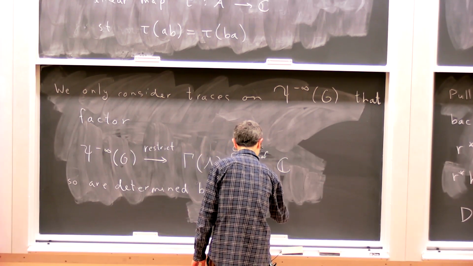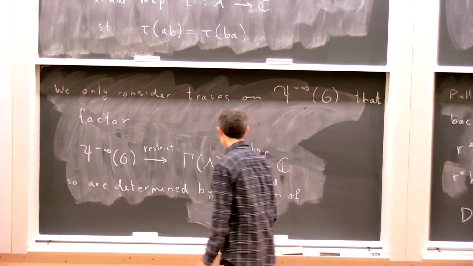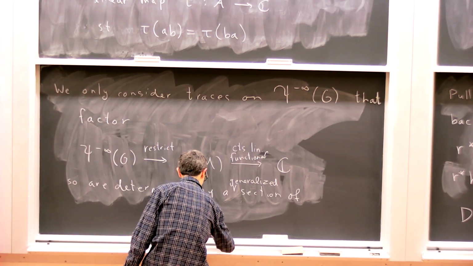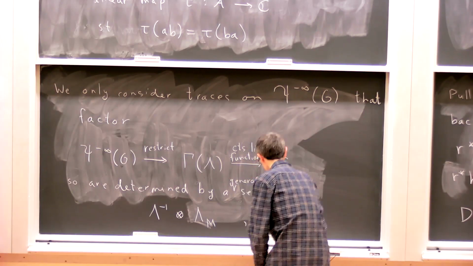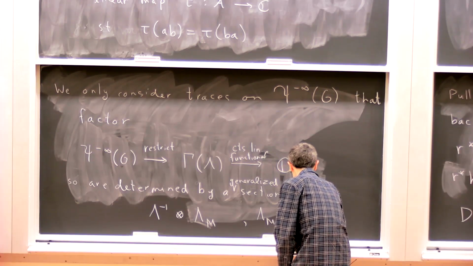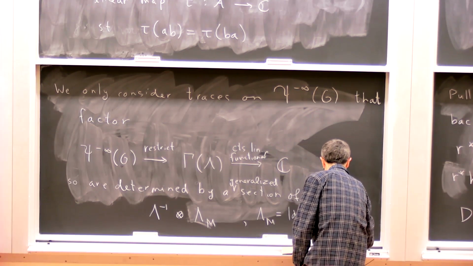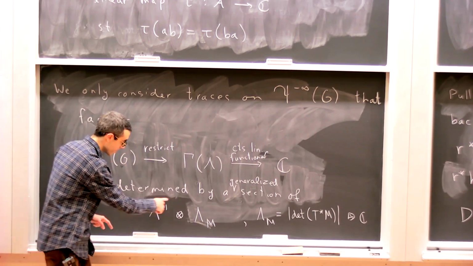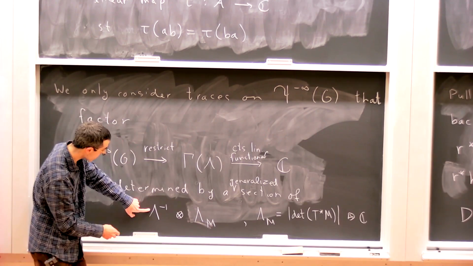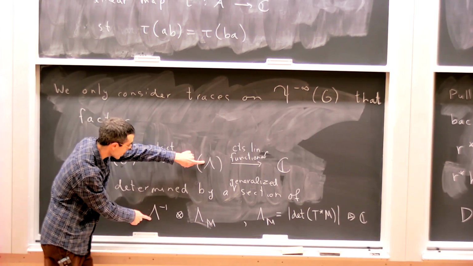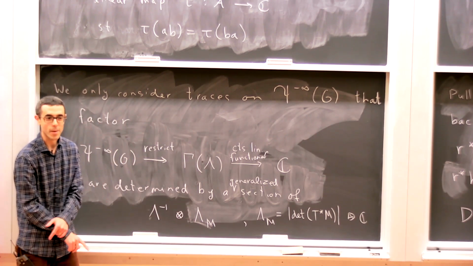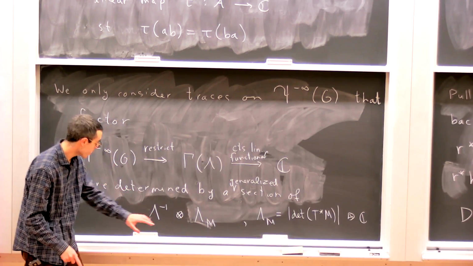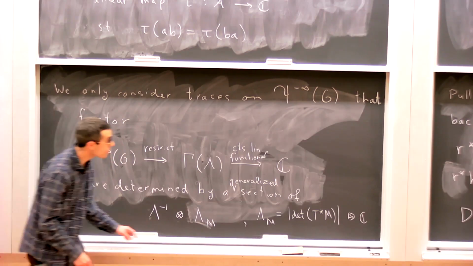By generalized, I mean it could be a distribution of lambda inverse tensor with something that I'll call lambda m, and lambda m is the ordinary density bundle on M. Because if you have some section of this bundle, you can combine the lambda with the lambda inverse to get rid of the lambdas, and then you end up with a density on M, which you can then integrate over M. So a continuous linear functional is in one-to-one correspondence with generalized sections of this bundle.